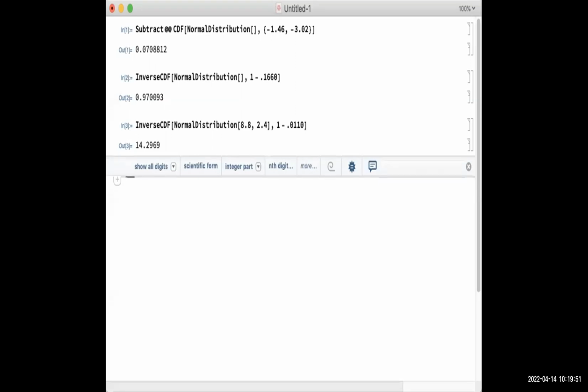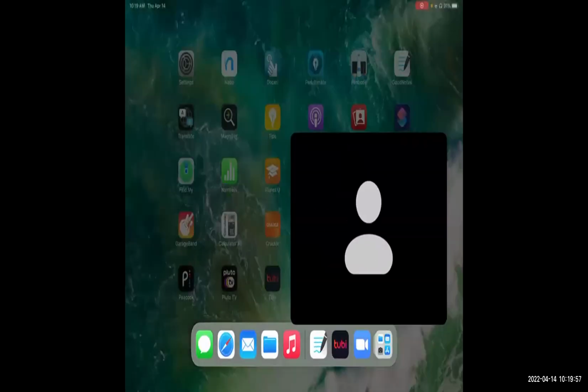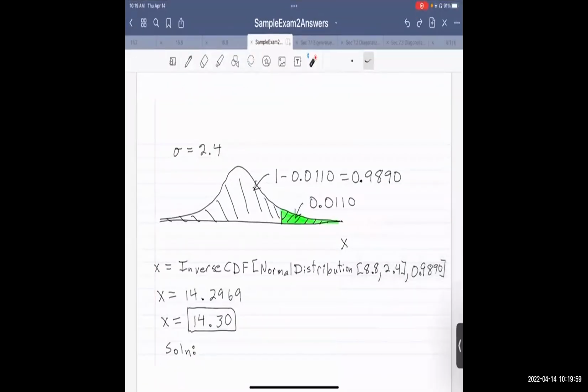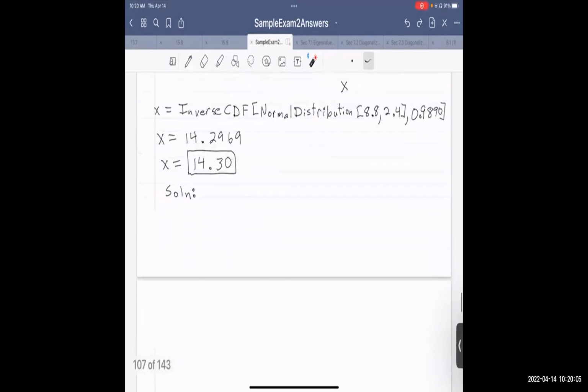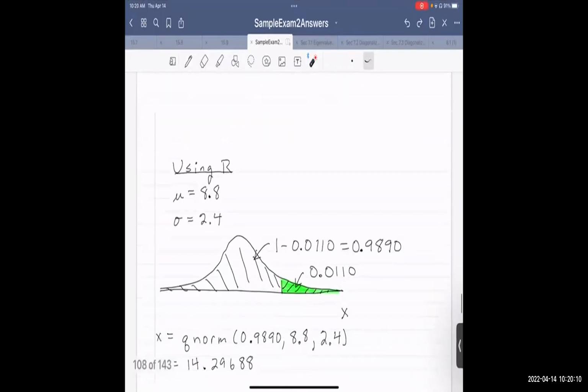And so let me write that down on a piece of paper. And so we have 14.2969, which I can round to the nearest hundredth, 14.30. We could use R to do this.